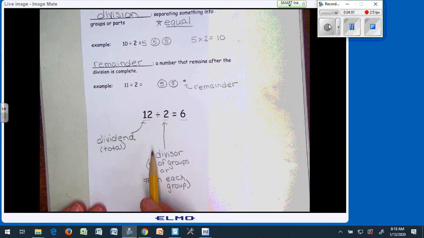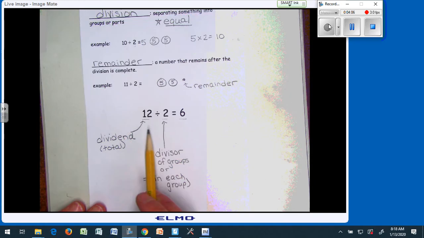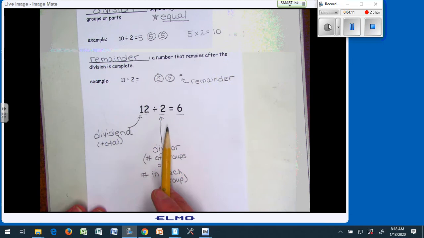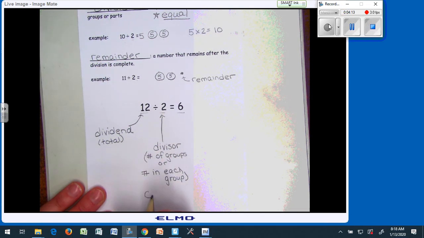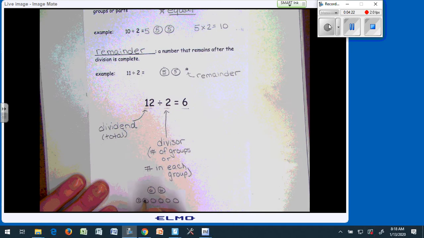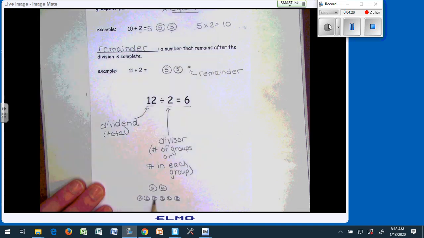So either I'm taking 12 things and I'm dividing them into 2 groups, or I'm taking 12 things and putting them into groups of 2. So the difference would be 2 groups with 6 in each, or 6 groups with 2 in each. So 6 plus 6 is 12. 2, 4, 6, 8, 10, 12. Either one of these can be shown by that division problem.